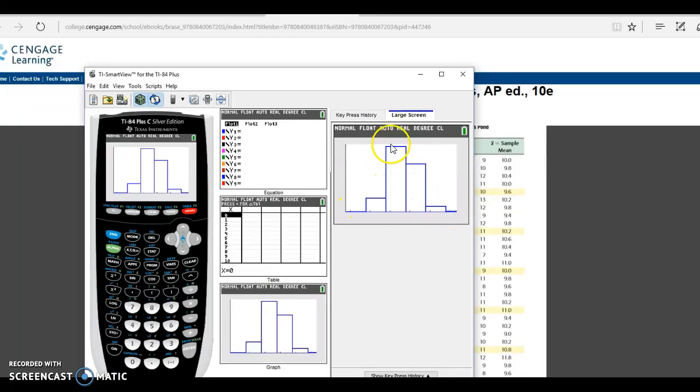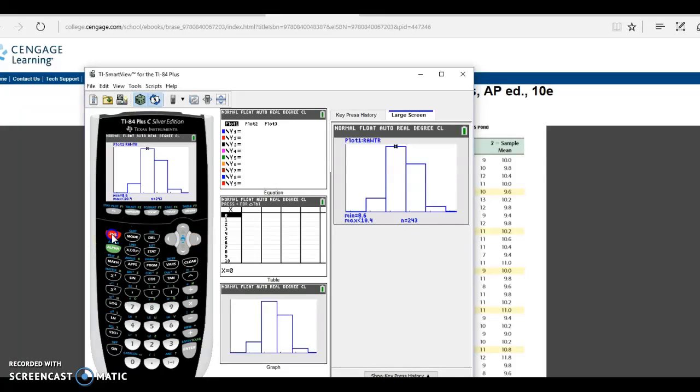But for the most part, most of the fish lie in this area here, somewhere between 8.6 and 10.4 inches long, and then it comes down on either side.